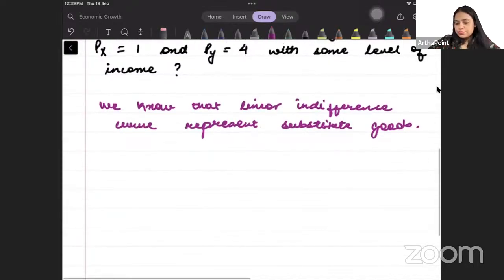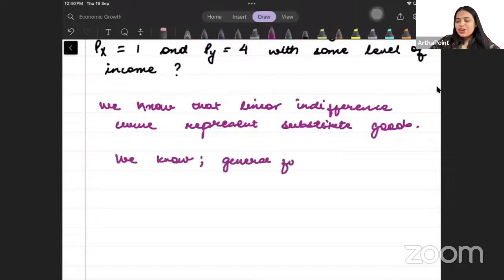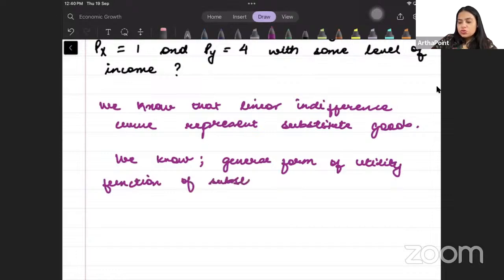Now we know that the general form, you don't have to write "we know" everywhere, I'm just writing we know. You will simply start the sentence with general form of utility function of substitute goods. What is the general form?